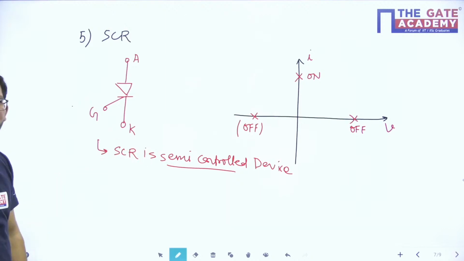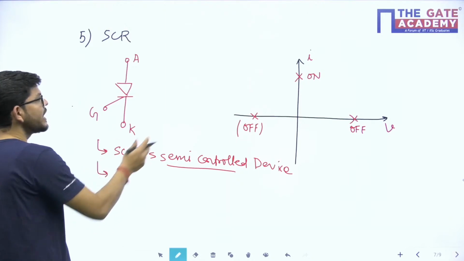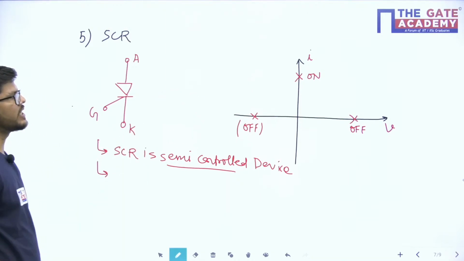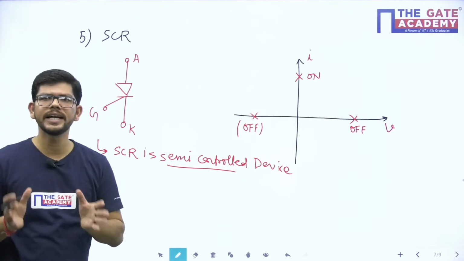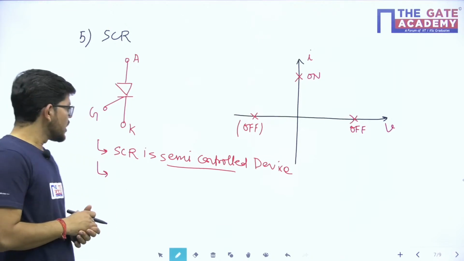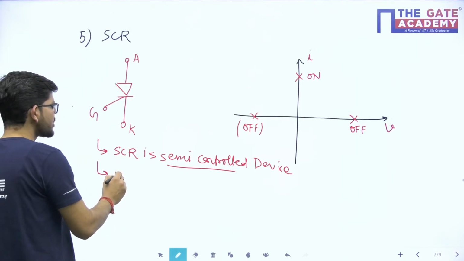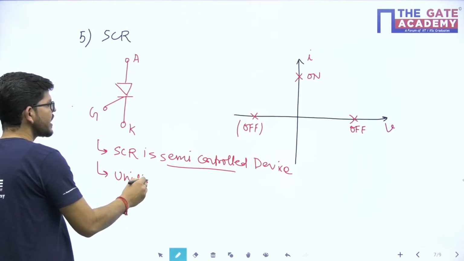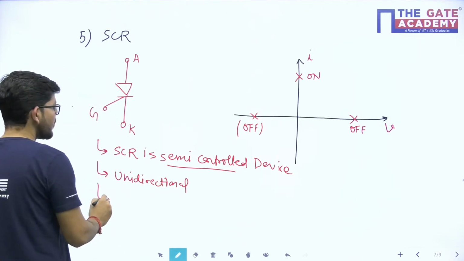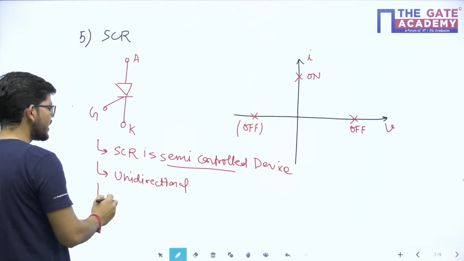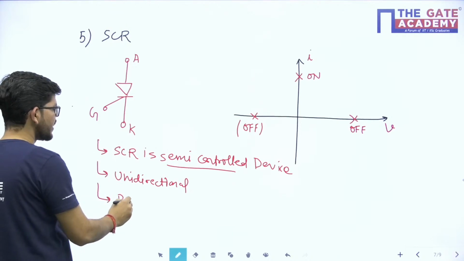That is why it is a semi-controlled device. Looking into the VI characteristic or switch realization, quadrants 1 and 2 are the safe operating area for SCR. You can see it is unidirectional. It can carry current in one direction only. So it is a unidirectional device, but it is carrying voltage of both polarities. So it will be a bipolar device.